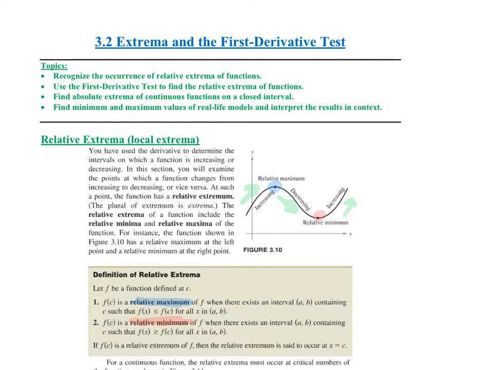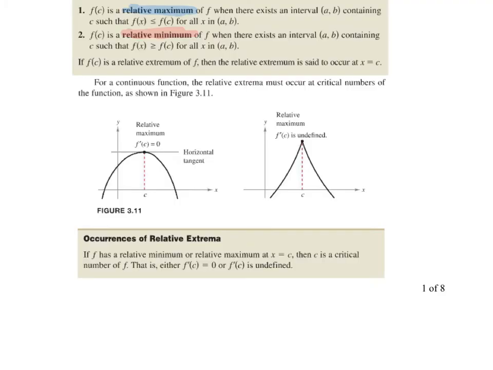Again, remember from the previous section that a function is increasing when its derivative is positive and decreasing when a derivative is negative. What this next picture is emphasizing is if you have a relative extrema, such as a relative maximum pictured here, that relative extrema must occur at a point where the derivative is either 0 or, at a cusp like this, the derivative is undefined.